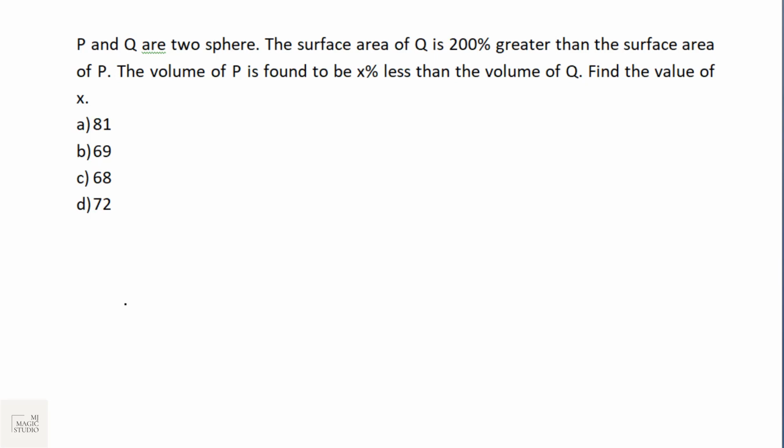A typical question again from our rule 5 from the rule book, ratio, proportion and variation. It looks as if it is a mensuration based sum, but we can handle it with the help of our rule 5.